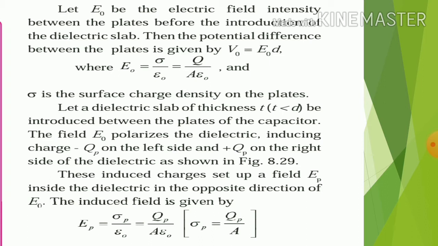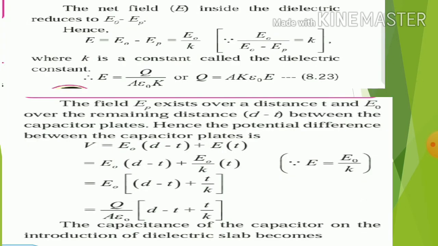Substitute this value in the above equation, then this equation can be written in this way: Ep equal to qp upon A epsilon 0. The net electric field intensity E inside the dielectric material reduces to E0 minus Ep.